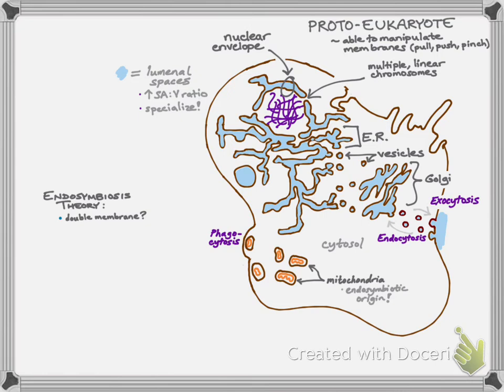The first piece of evidence that she highlighted was that these mitochondria have double membranes. And that might indicate that it was a bacterium that got engulfed, where the outer membrane is the engulfing membrane and the inner membrane is the original bacterial membrane. So this is the first piece of evidence that you might look for.